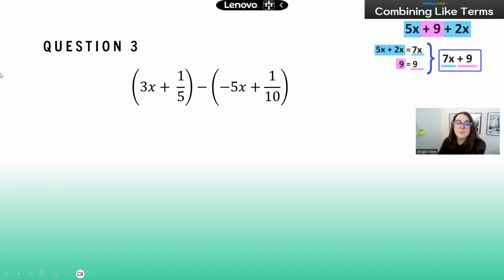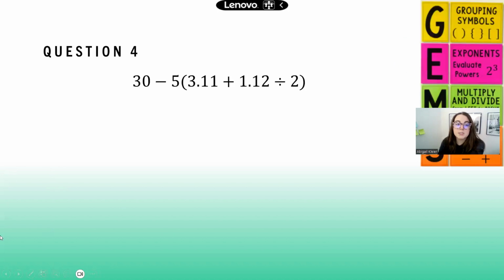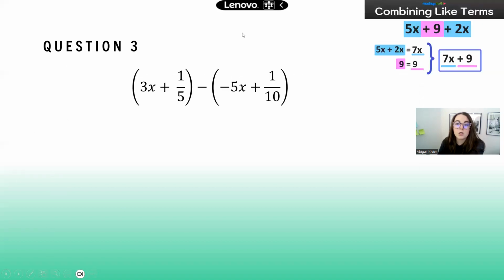And here's number 3. Again, we have adding and subtracting expressions. In this situation, we are subtracting expressions. When we subtract expressions, there is one extra step. This subtraction sign needs to be distributed to the terms in that second set of parentheses.